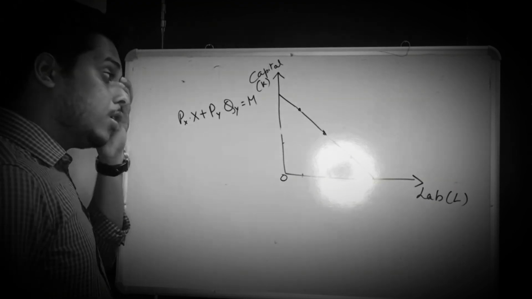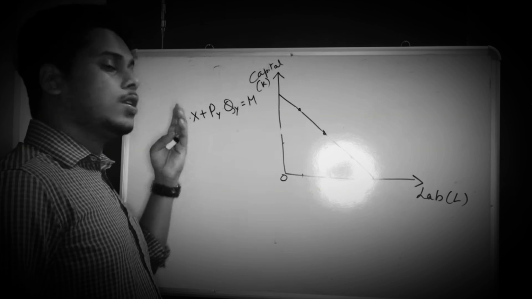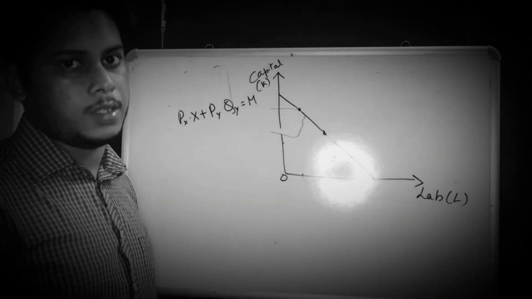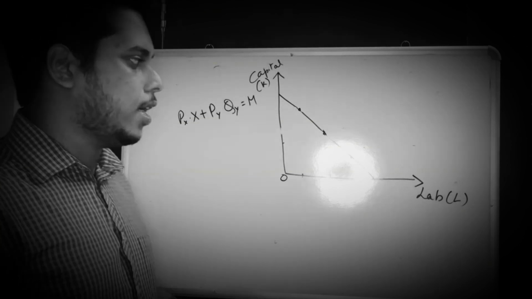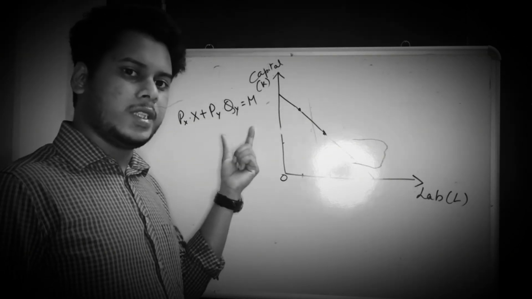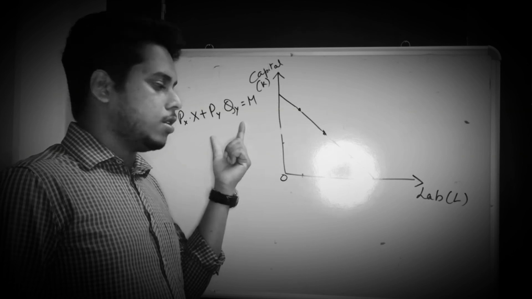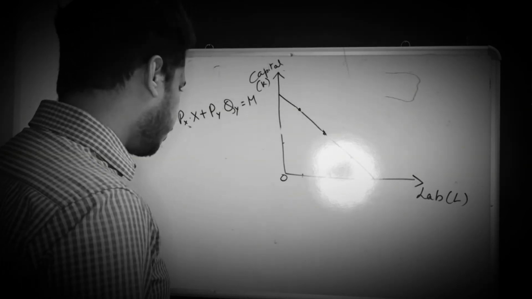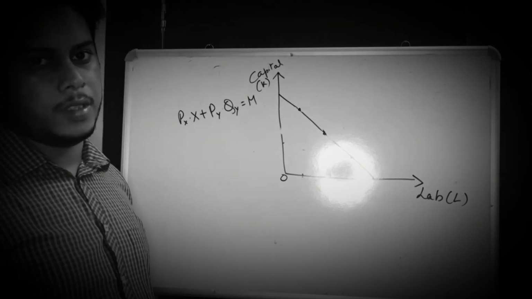Okay. However, this was for the consumer. Now we have the producer over here and we have the isocost curve, and the equation will be pretty similar to this equation. However, the notations will be different.